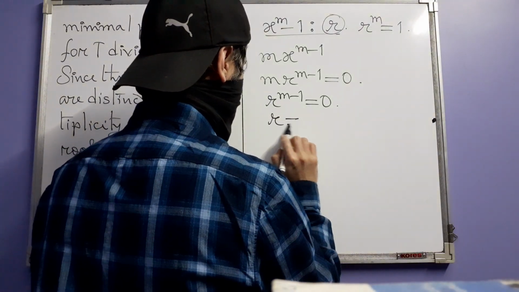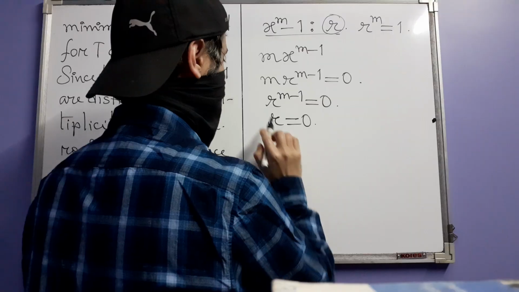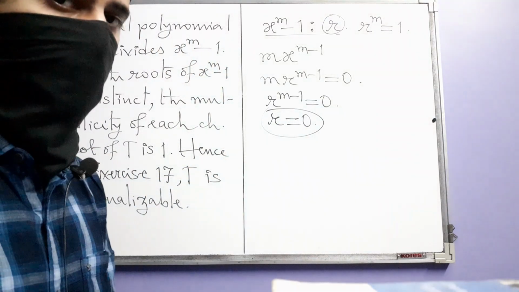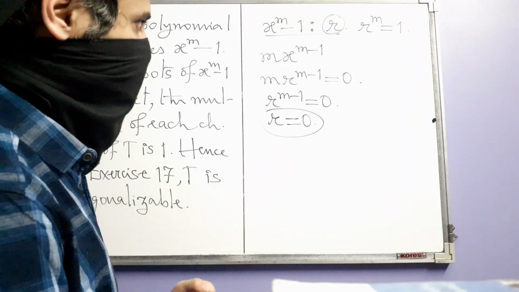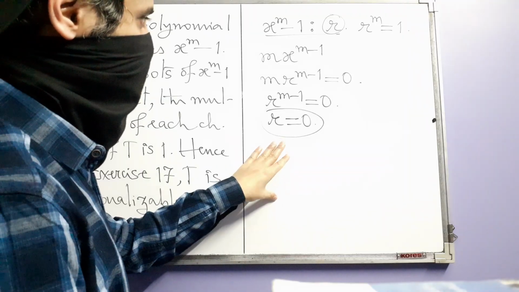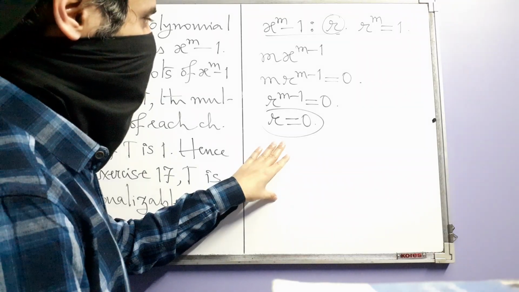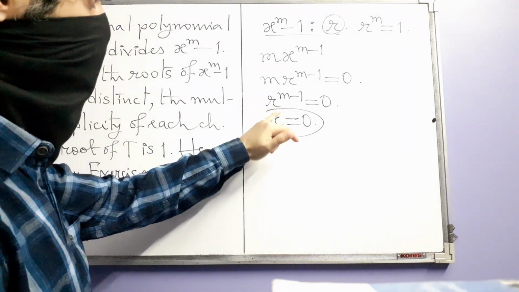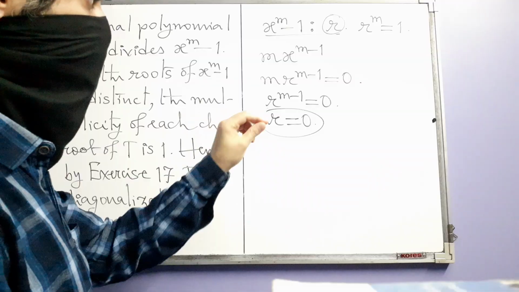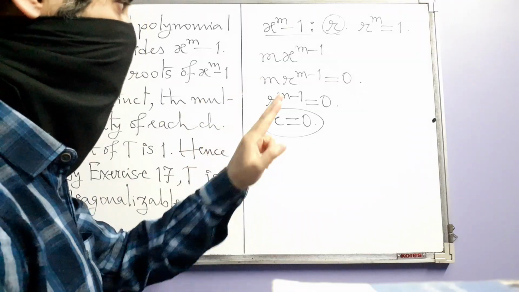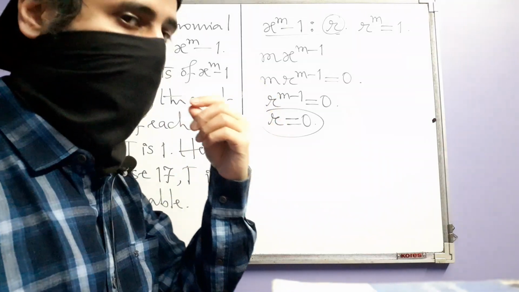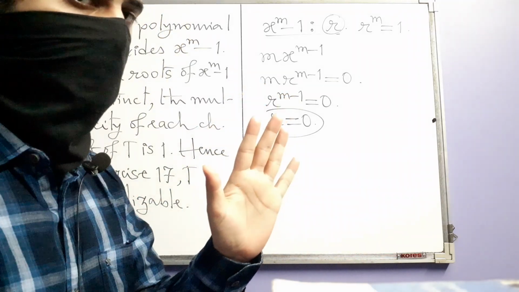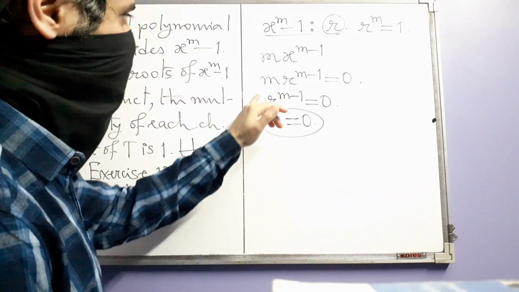That means r has to be equal to 0. Why? Because we are in a field, right? We are in a field, and so the fact that you can cancel m from here is not simply because of the fact that m is a positive integer. Do not forget, in fact I myself forgot just now, that we are not dealing with real numbers, we are dealing with field elements.